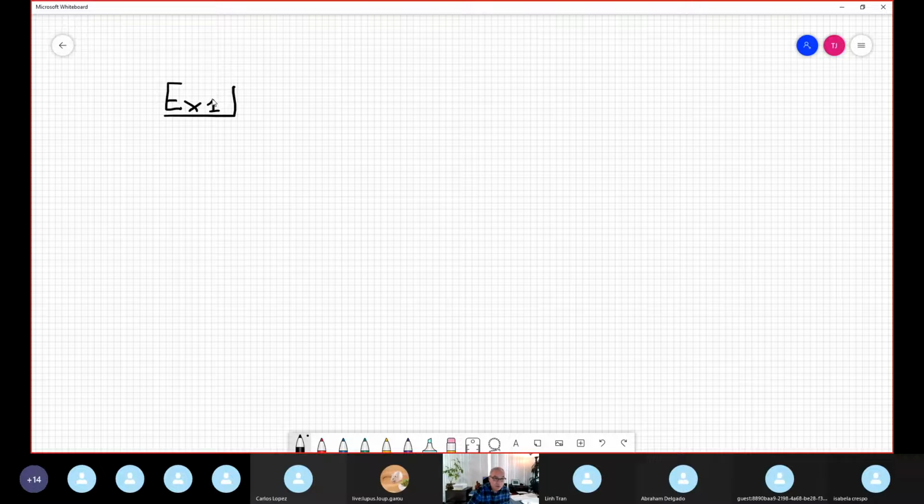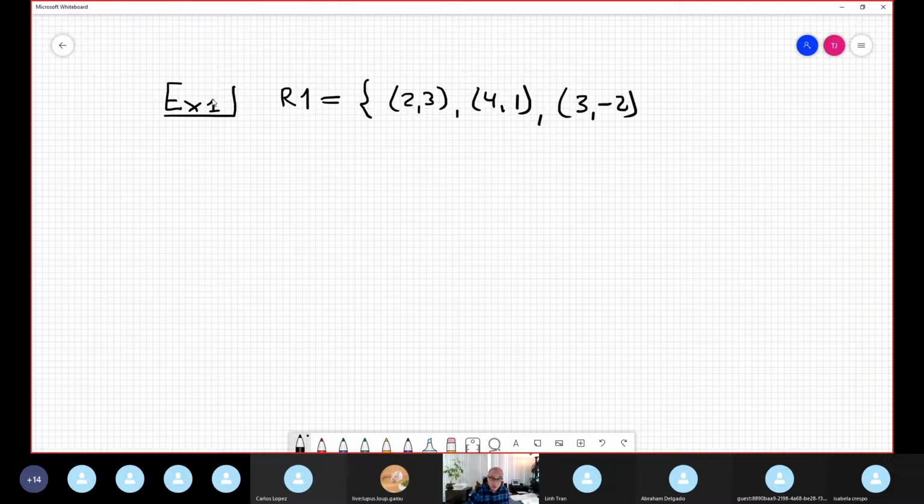Relation 1 is (2,3), (4,1), (3,-2), (2,-1). What do you think? Is this relation a function or no? Justify the answer, yes or no, and what is the reason?